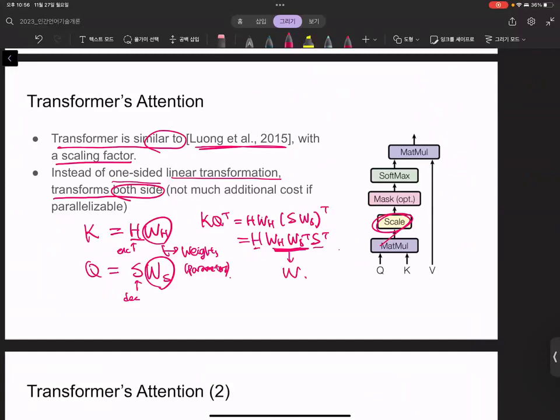But there is a difference in terms of implementation. This H and S are linearly transformed by different linear transformation matrices. So the results can also be different, but I heard that the results are almost the same.